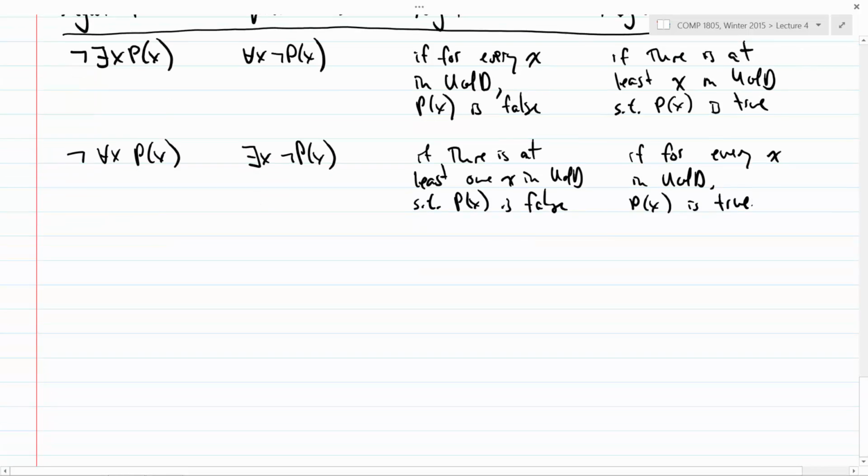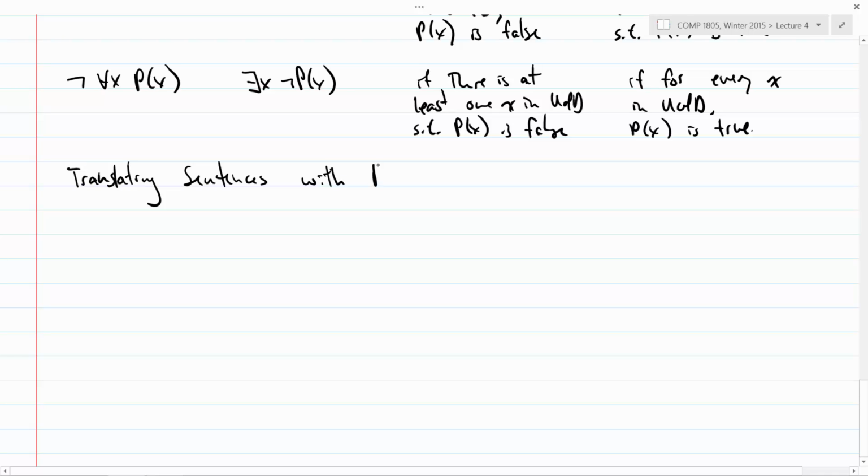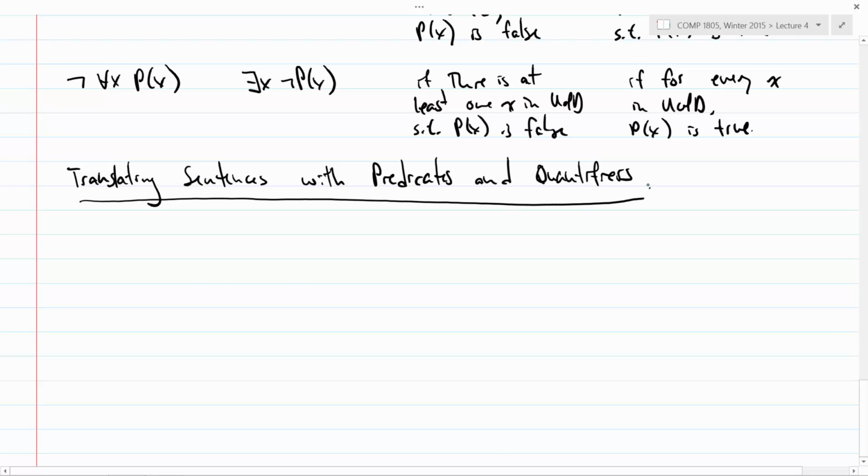All right, so now that we have a good idea of how these predicates work, let's talk a little bit about translating sentences with predicates and quantifiers. When you're doing translations, just like before, you want to look for certain keywords to let you know what kind of quantifier you'll be using.